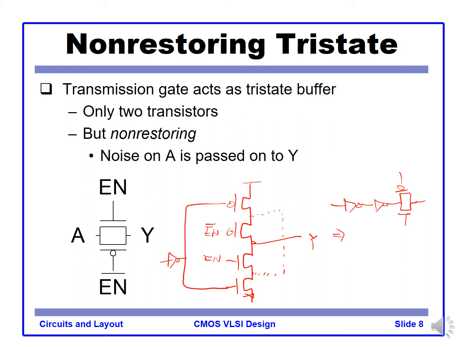But the difference is, as we may learn later, each transistor has parasitic capacitance at the source and drain because we have the diffusion. Let's say for NMOS with a P substrate, we have a reverse-biased diode.